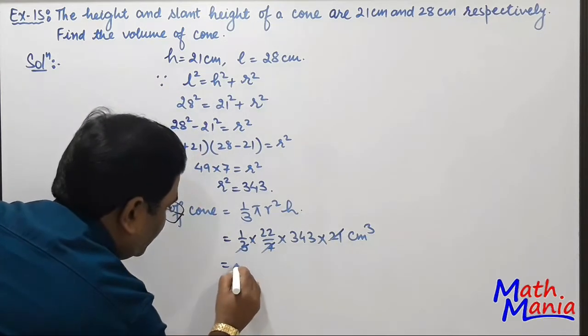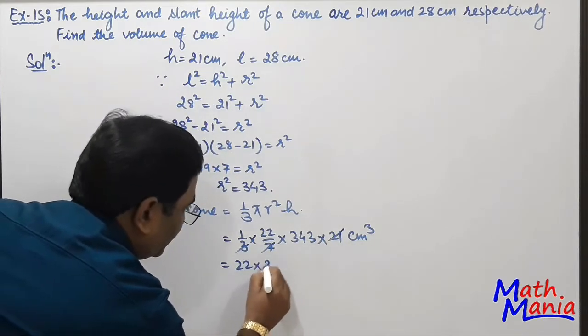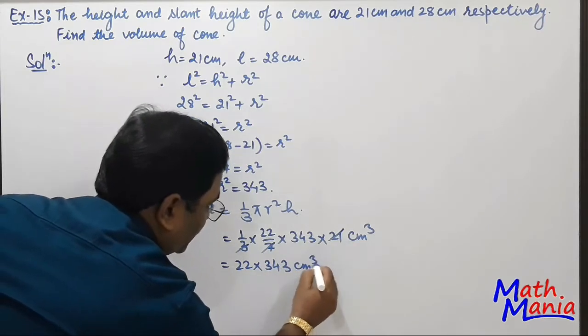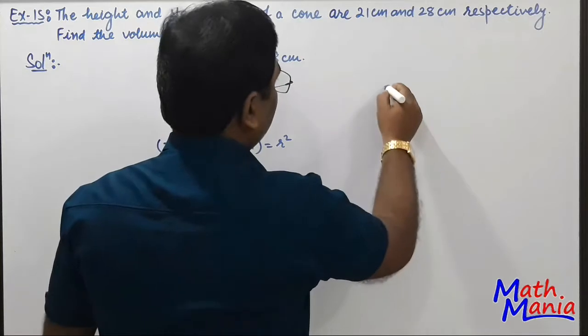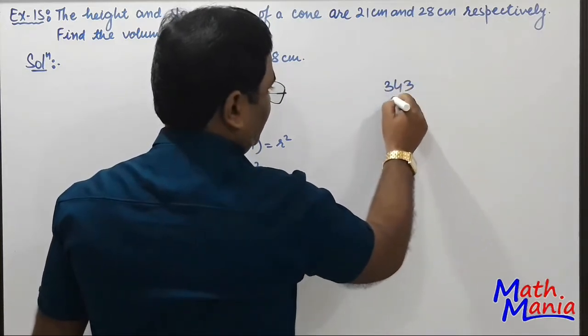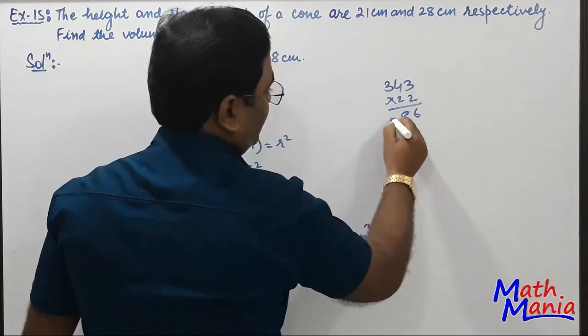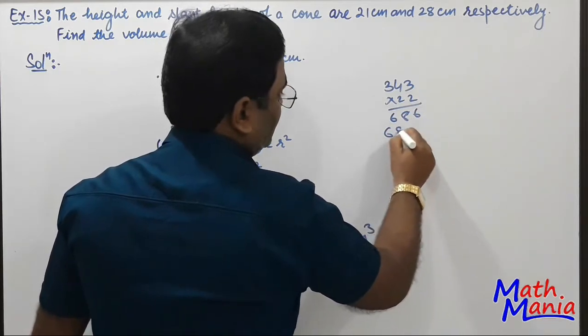Now we got 22 multiplied by 343 centimeter cube. Let's multiply it. 343 multiplied by 22. 3 2s are 6, 8 and 6.